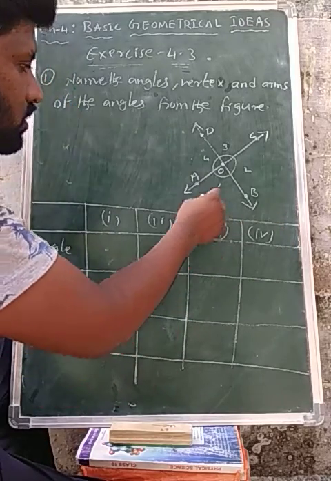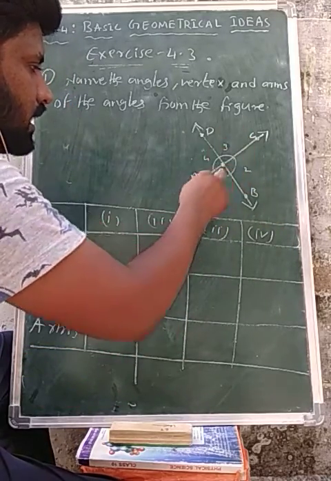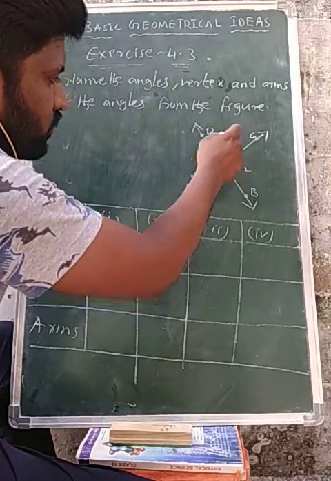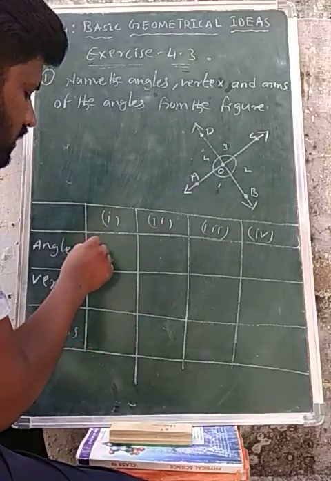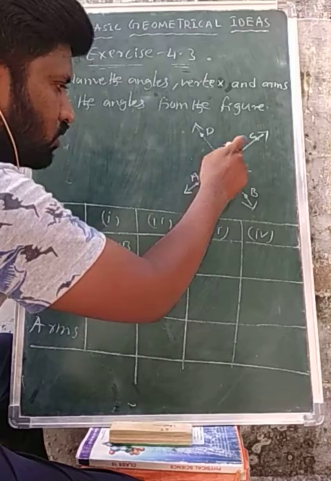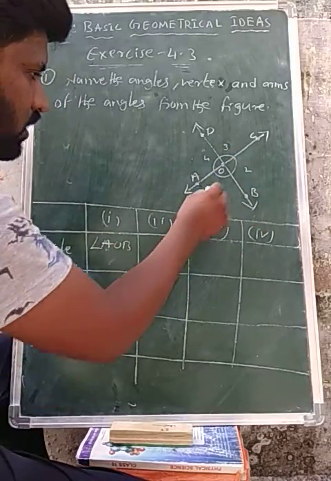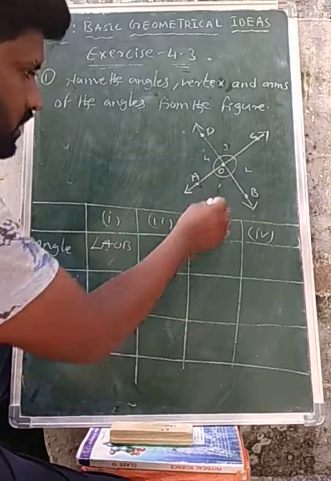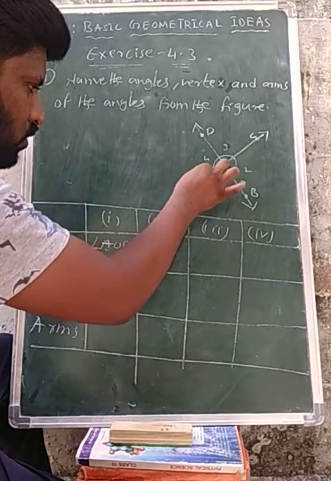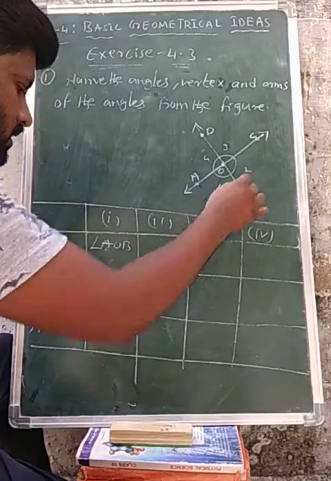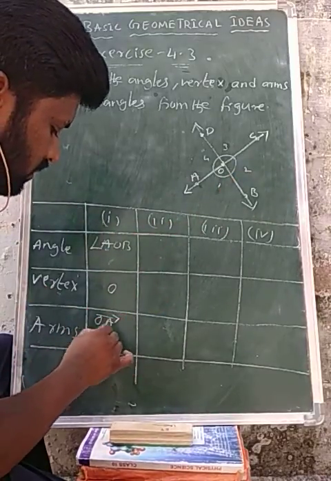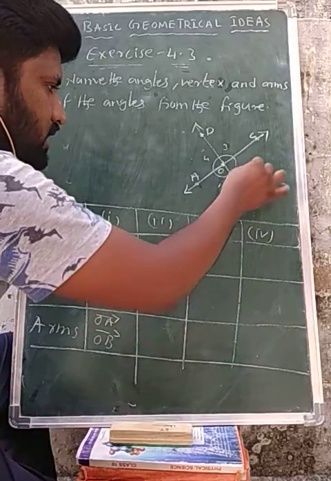The line AC and line BD intersect at O, forming 4 angles. The first angle is angle AOB. In that, the common vertex is O only. The common arms are OA and OB.